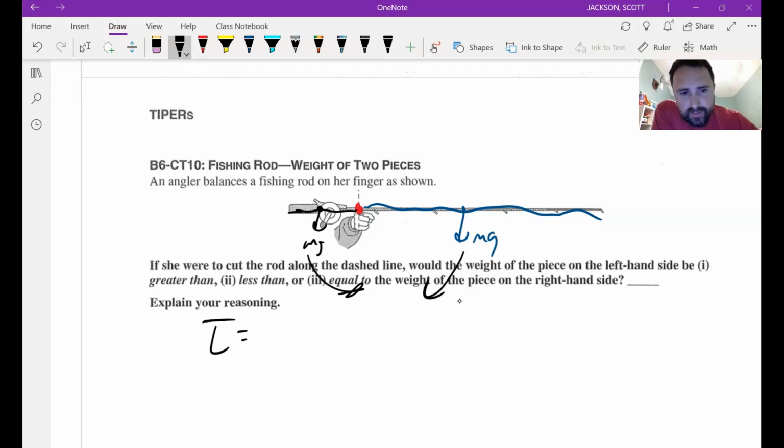So remember, torque of black, we could say, equals torque of blue. So here they have to equal. So that would be their force of gravity times their lever arm.